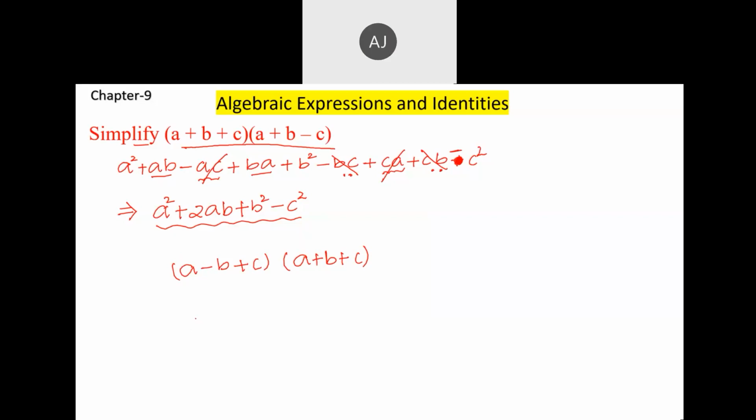Sir, only B will be in my... Shall I write directly? A square plus 2AC plus... minus B square plus C square. You can check the answer. Probably this is correct.